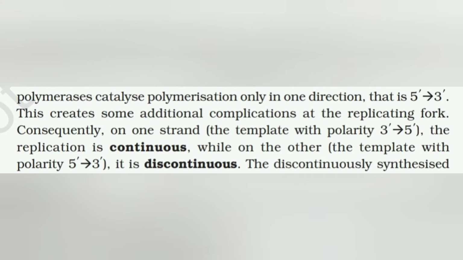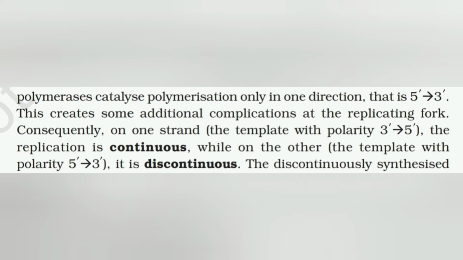DNA dependent DNA polymerase catalyzes polymerization only in one direction, 5' to 3'. This creates an additional complication because DNA has strands in opposite directions, one in the direction of 3' to 5'. That is okay, that will act as a template.